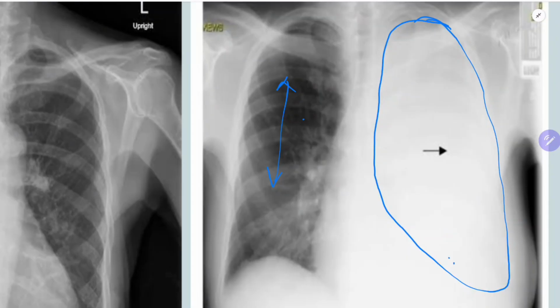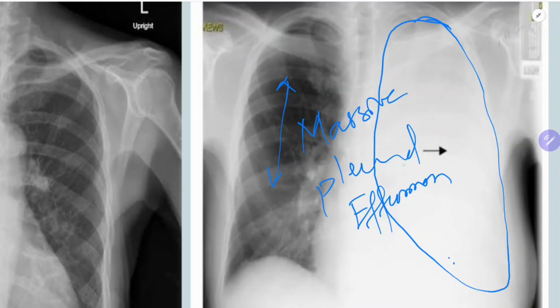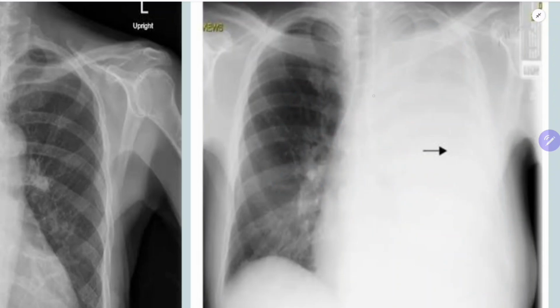So this is enormous, massive pleural effusion. But there is some deviation of trachea towards the right side here. Yes, there is a deviation of trachea to the right side here. So this is an X-ray of massive pleural effusion.